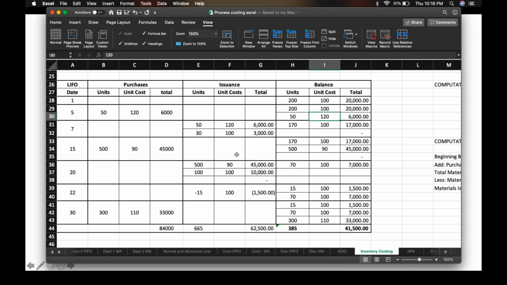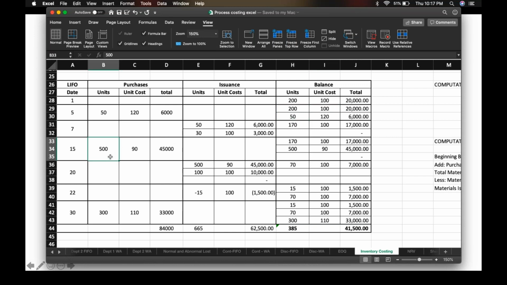So if there's a requisition from the production, say 80 units, ang una mong ilalabas yung last na pumasok, which is 50 at 120. Okay, since 80 yung kailangan niya, kulang pa ng 30, yung 30 ibabawas na natin dun sa last, which is the first pala, which is 200 at 100. So matitira na lang dun sa tag 100, that 200 units is 170.